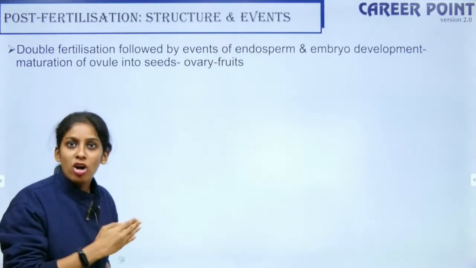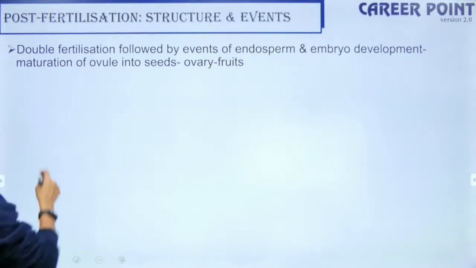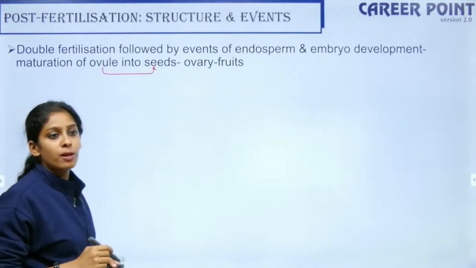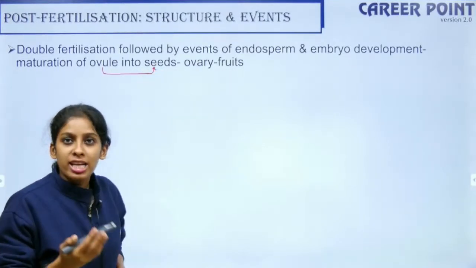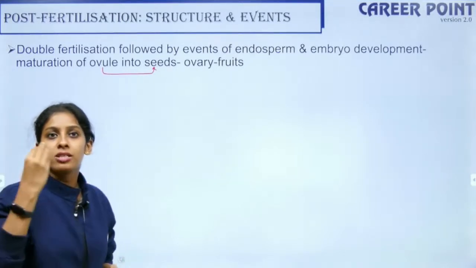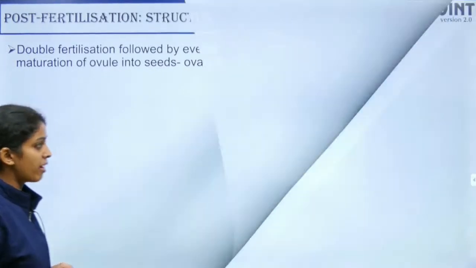So we all know zygote develops into embryo, right? So this is how post-fertilization development happens. So literally speaking, ovule develops into seed and ovary develops into fruit. So that is what we expect after a flower. So once a plant flowers, it is supposed to give us a fruit and a seed, right? So that is post-fertilization events.